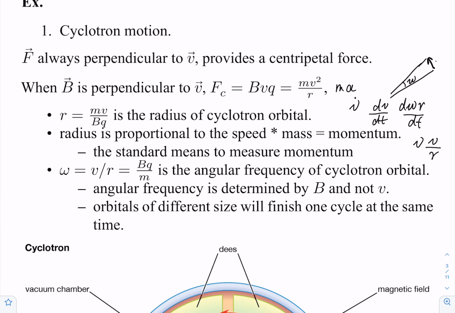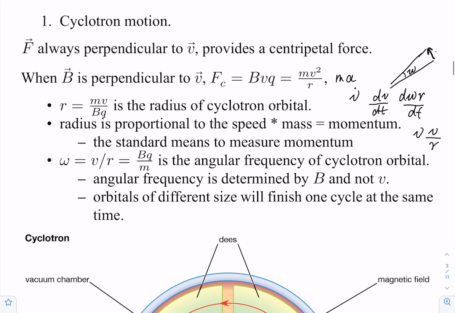Now if you combine these two equations, you can determine the radius of this cyclotron motion. You can see that this radius is proportional to m times v, which gives the momentum.